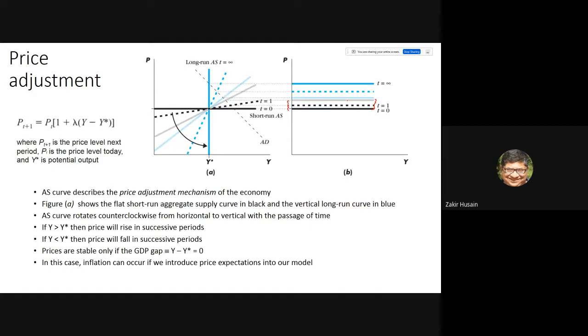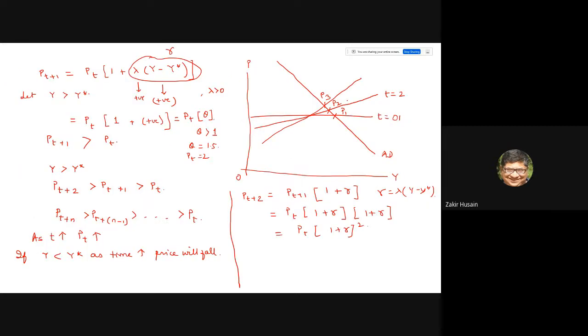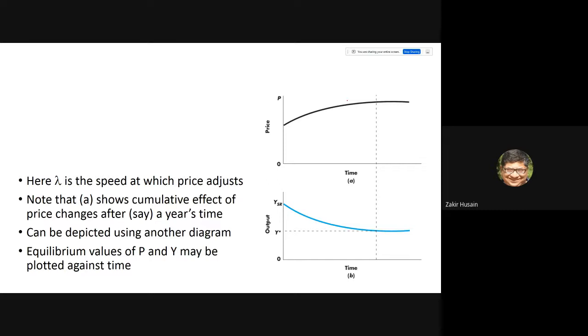But if y and y star are not equal, then you can have price changes depending upon whether y is greater than or less than y star. So lambda can be interpreted as the speed at which price adjusts.